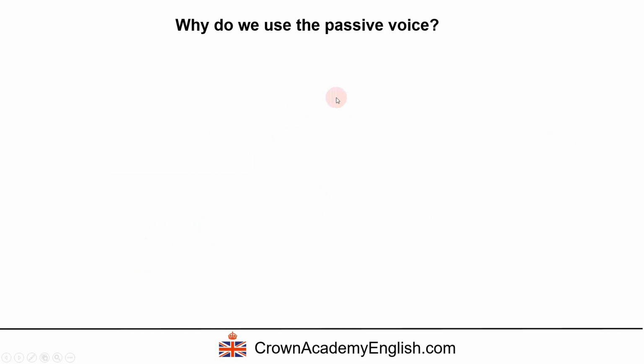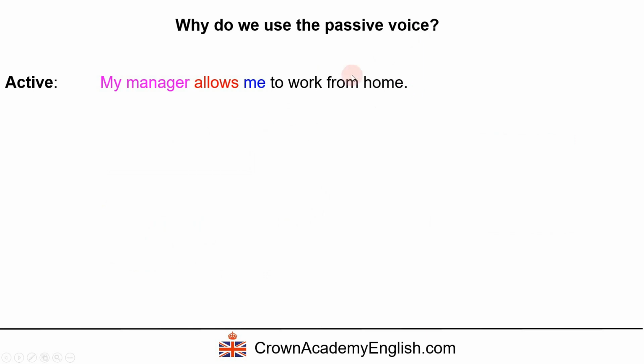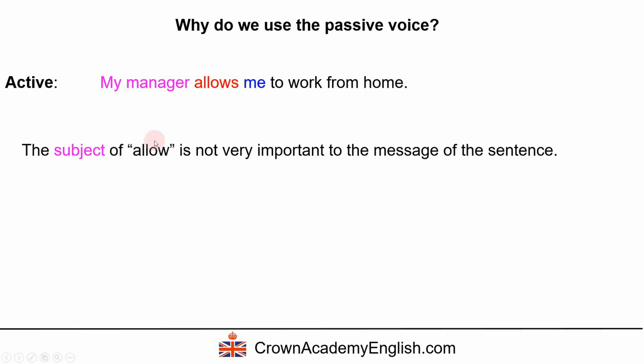So why do we use the passive voice? Well, in fact, I have already answered that question. So let me explain it again. So in the active form, we have my manager allows me to work from home. And it's giving us lots of information. But the subject of allow, it's not very important to the message of the sentence.